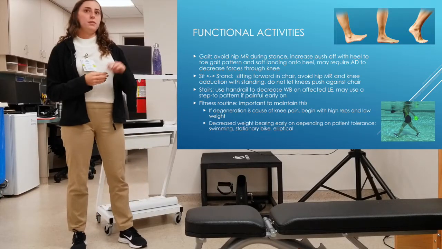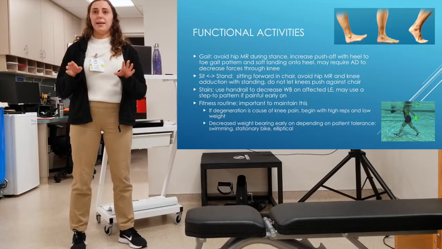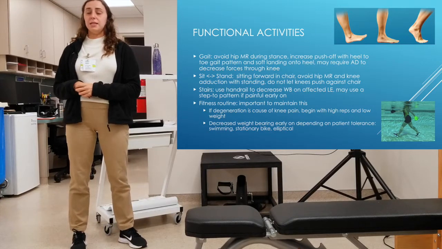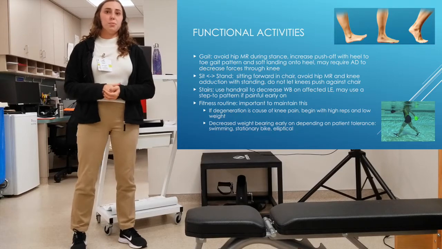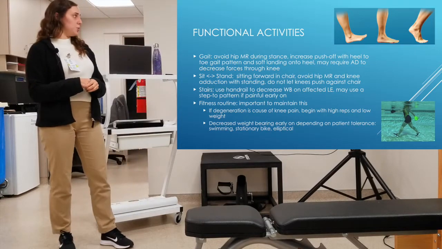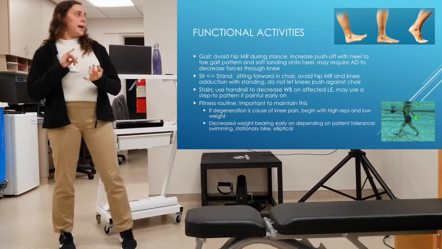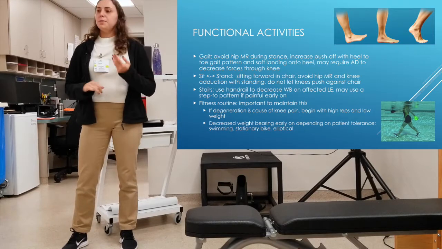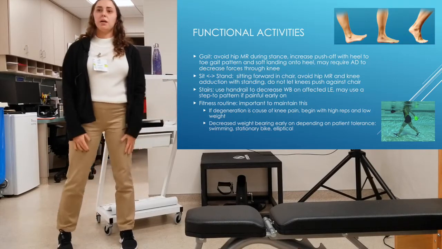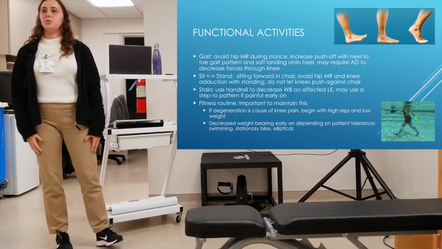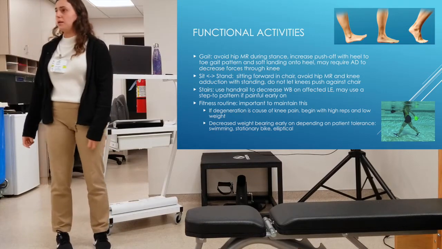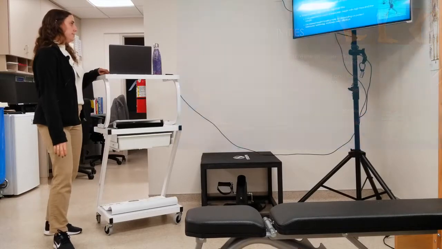So we were told if you do high rep but low weight, it lets them maintain the strength that they have but not strengthen too much to the point where it's just going to put more compressive force onto that joint. So things like stationary bike, elliptical, water walking, or swimming are all good ways that they can maintain fitness without putting too much compressive forces onto the joint.